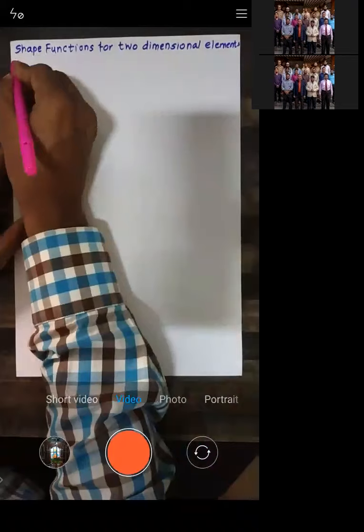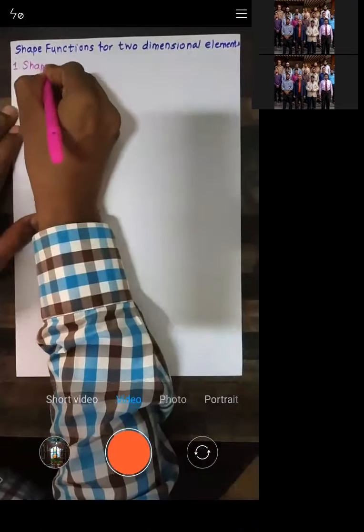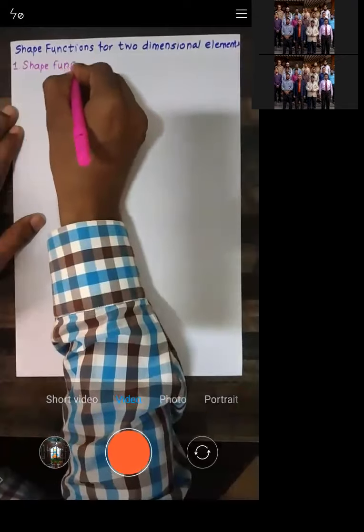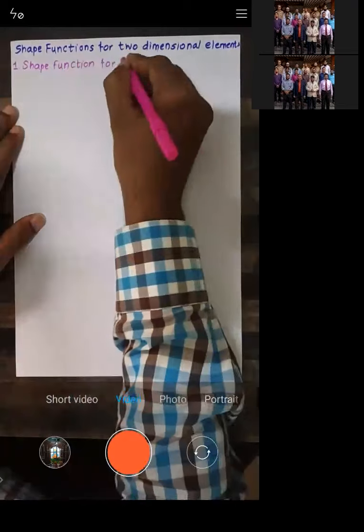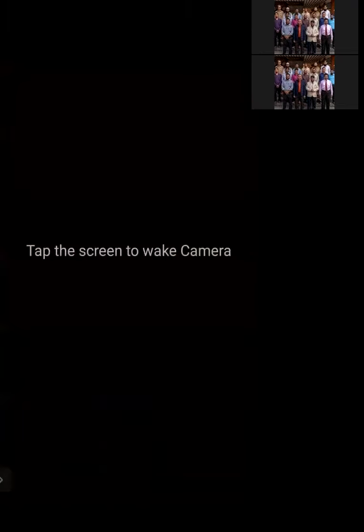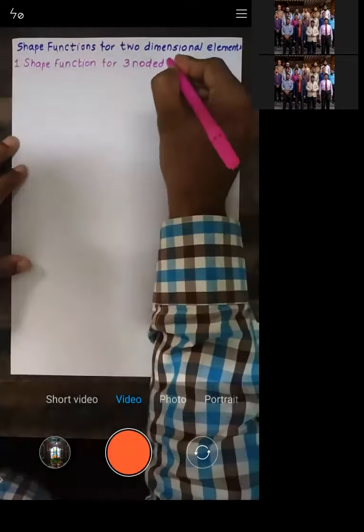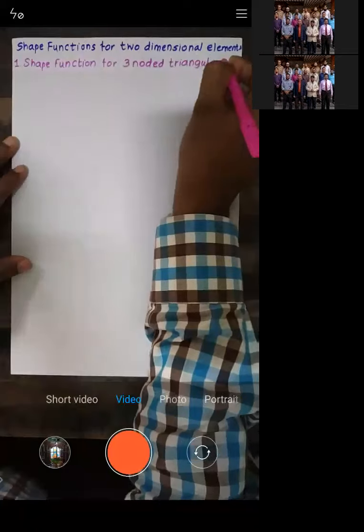Let us start with the first element, and I will write this as the shape function for a three-noded triangular element.